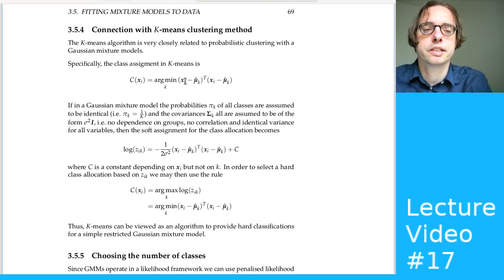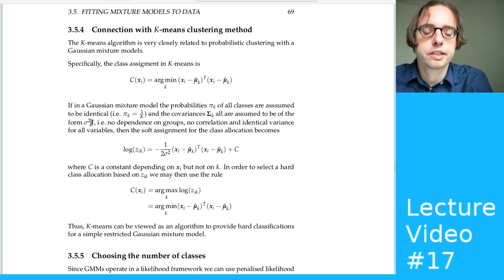So that's actually already very similar to the EM algorithm, and it's even more similar if we look into the assignment. So the assignment in k-means looks like this. We just take the sample xi and put it into the class that is closest in terms of this distance. So if we now assume that we have a Gaussian mixture model where all classes have the same probabilities and the covariances are all the same across classes, and they all have this form that they are diagonal with one covariance, with the same variance.